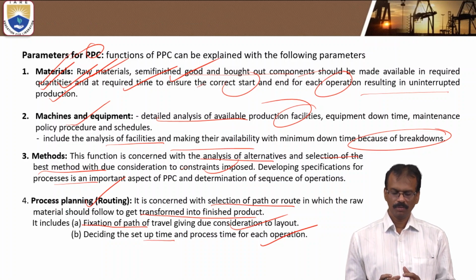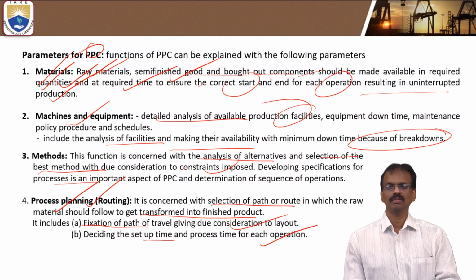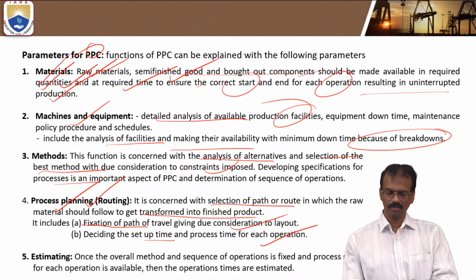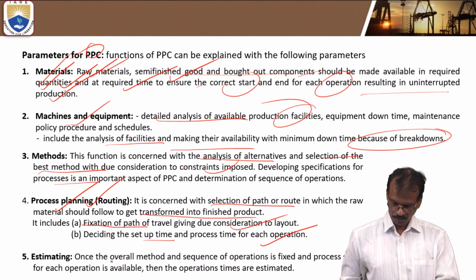So it means calculating the operation times. So based upon the calculated operation time, we have to assign the operations for the performing of those methods. So this is very important.